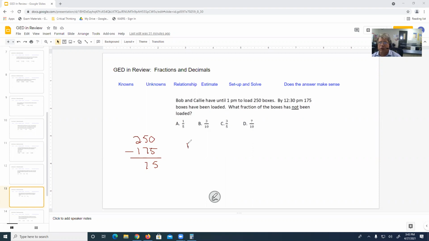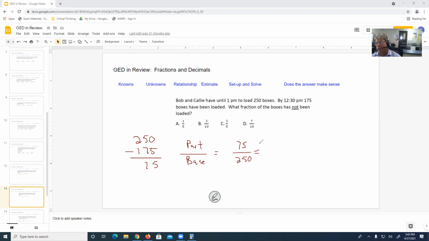So again, we have this part, the portion that's not been loaded, which is the 75. The bottom is the base amount or the whole amount, which was the 250. So what I have is 75 over 250. Now, if I had that N over D button on my calculator, I could reduce those.